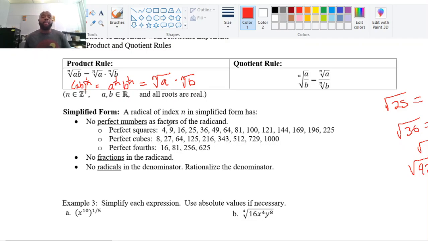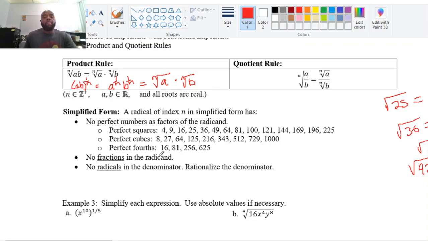And so if you have a square root and any of these numbers divide evenly into the number under your square root, you need to factor those and take the square root of that part of your radicand. Same thing goes for your perfect cubes, perfect fourths. I wrote these numbers here because it's good for you to get very familiar with these numbers, all right?